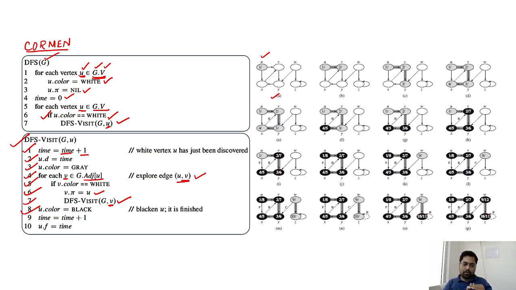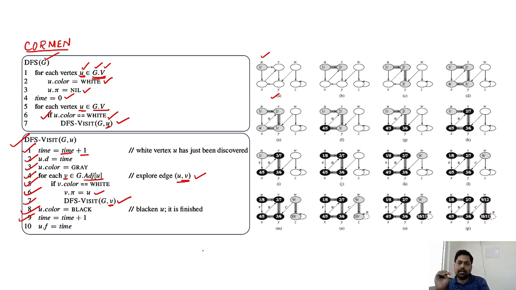After the for loop, we set the node which was selected before to black, which means we have completed it. Once completed, the time will be added again, as per the example we will discuss.